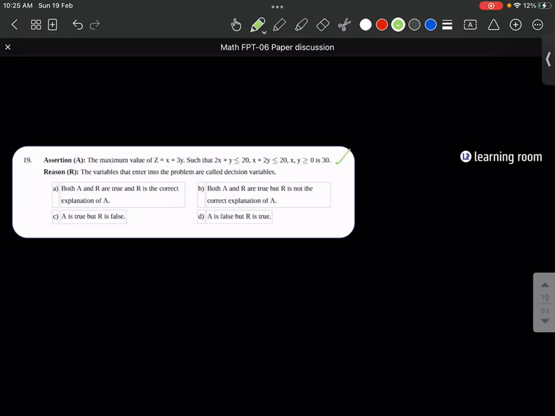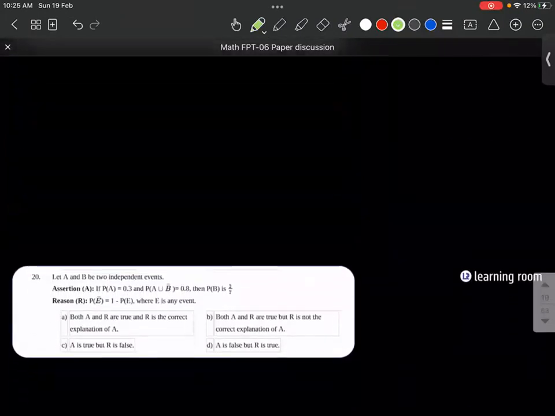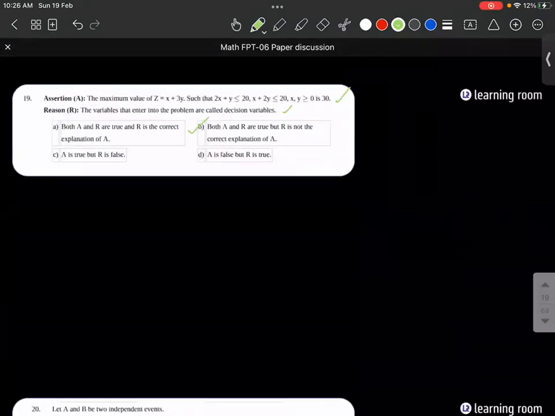The variable that we enter into a problem are called decision variables. Is that right? Yes, that is also right. But the only problem here is both the statements are independently right, but do not support each other. So answer is B.